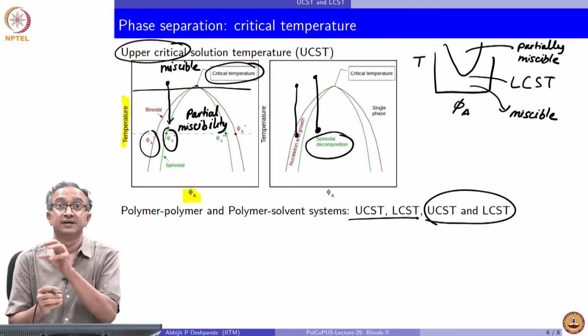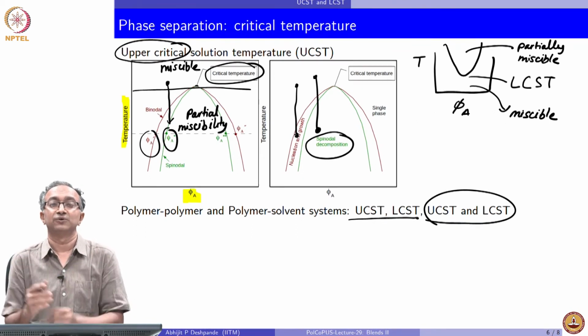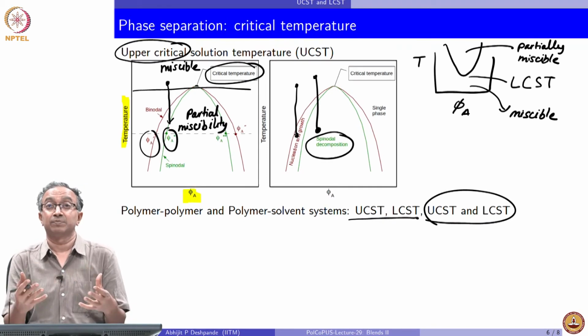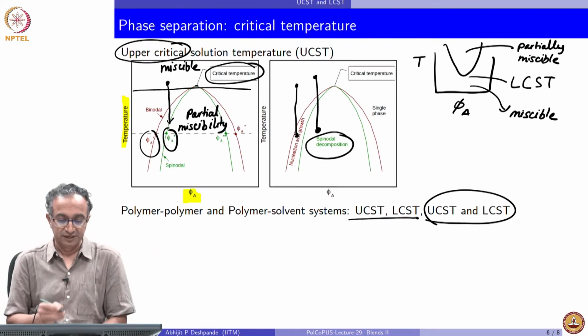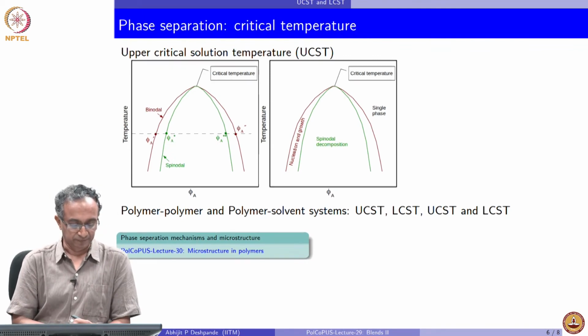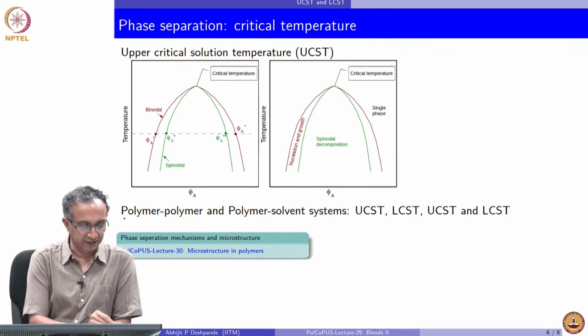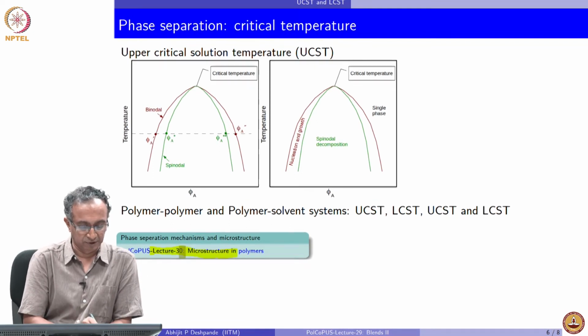So a few points, the phase separation will start happening and it will grow. So in the end, the final polymer part will have signatures of the phase separation mechanism. So this is something which is of great interest from an application point of view. And this is what we will see in the lecture on microstructure in polymeric systems.